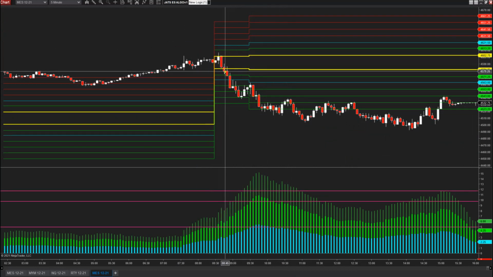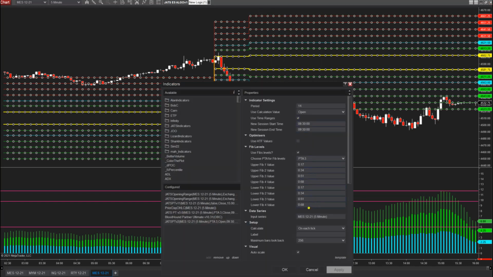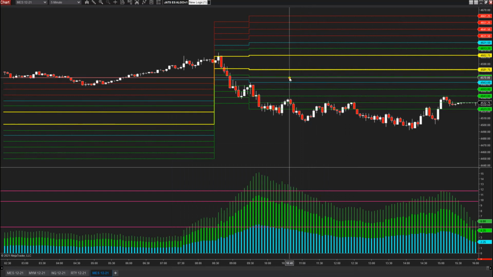And when it breaks that first hour, it's really going to be moving. So this one was a good example. Came down, found the lower fib. If you get my indicator, you can put your own fibs on here and put them in different locations.